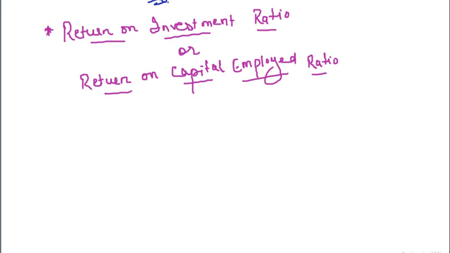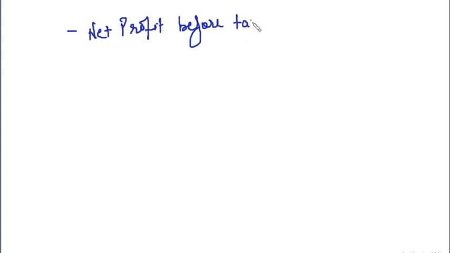Now the first thing that we will identify is the financial factors between which we have to establish the relationship. Simple. First of all, I will tell you the two financial factors. The first factor under this ratio is net profit before tax and interest, right?